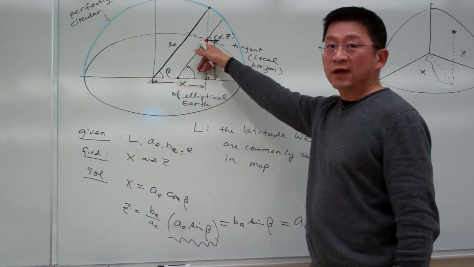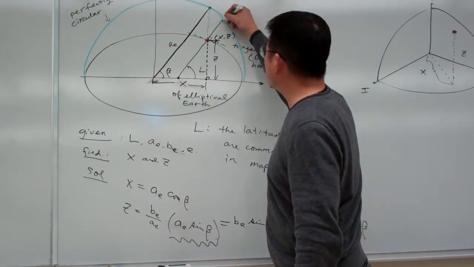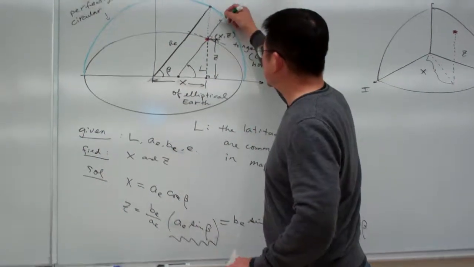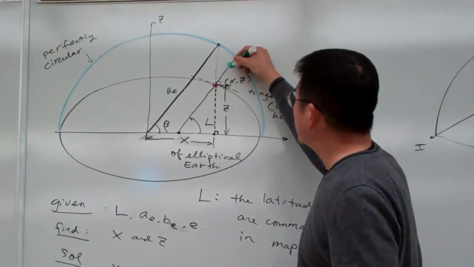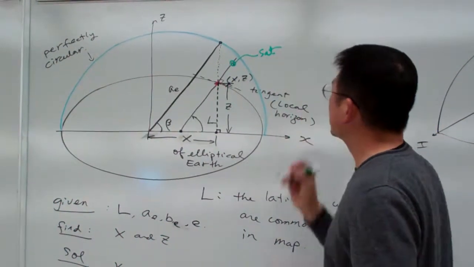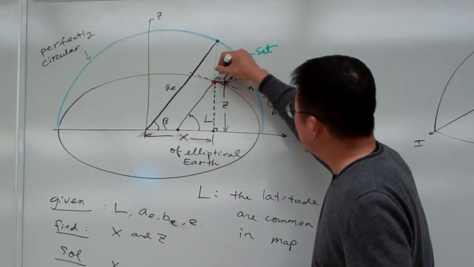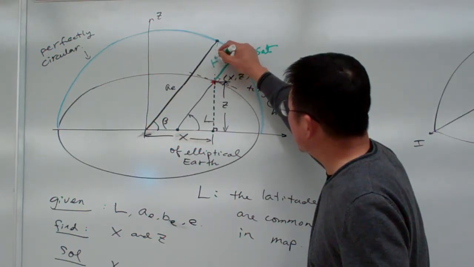From the radar site, the radar can always measure the radial distance. For example, this is, I exaggerate, okay, this is space, and say this is our satellite. We can measure the satellite's distance from here to here, which per our textbook notation is called h.